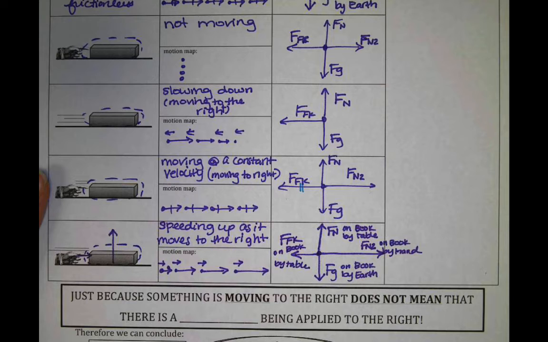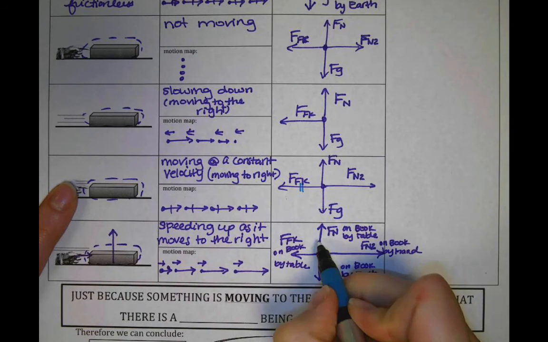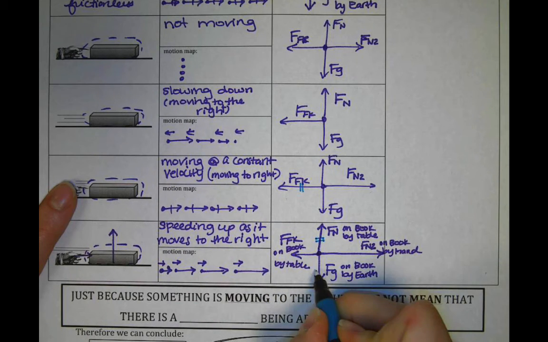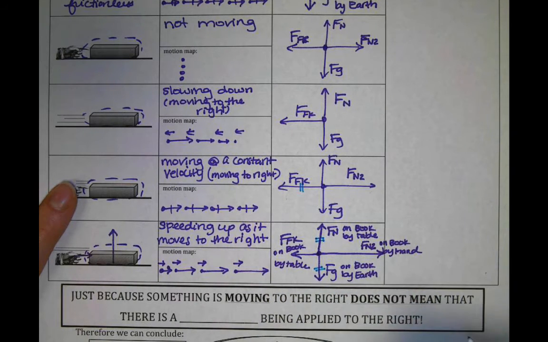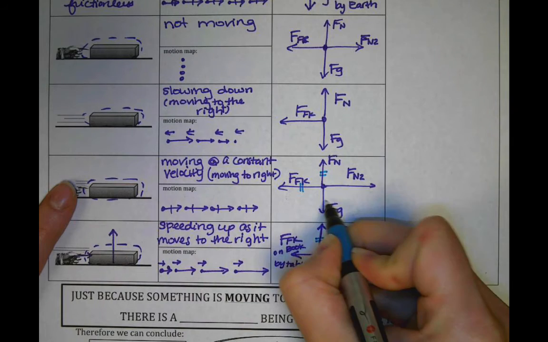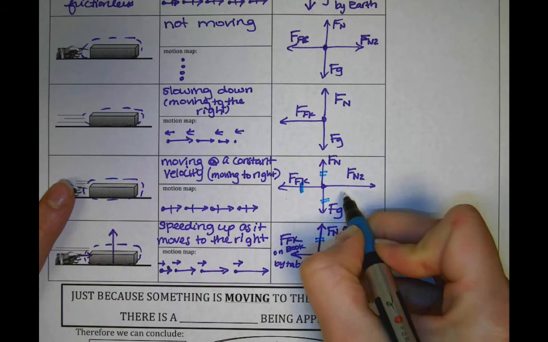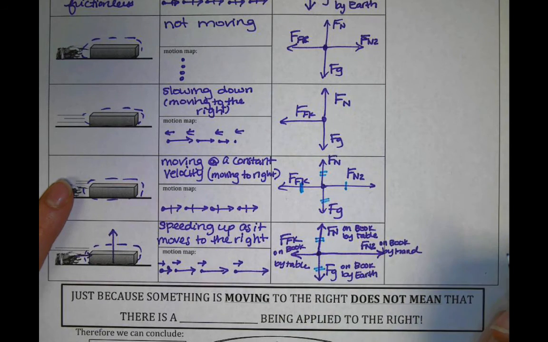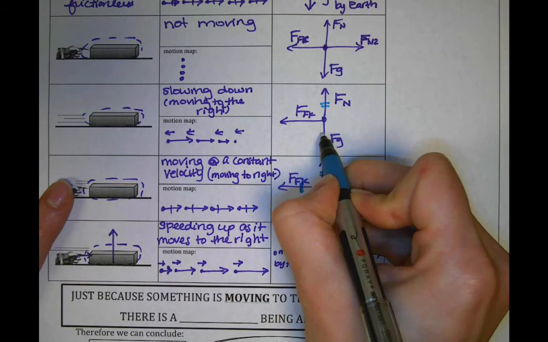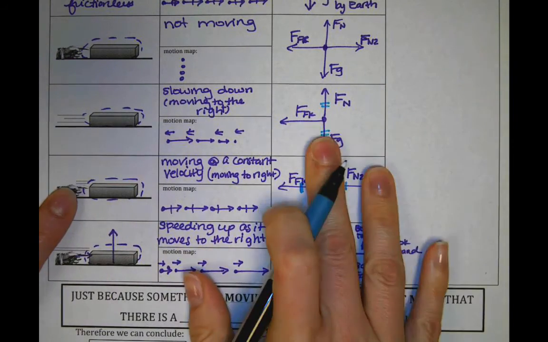Notice on these force diagrams, I've drawn my force magnitudes or the vector sizes relative to each other. So if we look on this one, we have my normal force is equal to my force of gravity. Above, same thing, FN and FG are equal to each other. For this one, FFK and FN2 are equal to each other. FN and FG are still equal to each other.